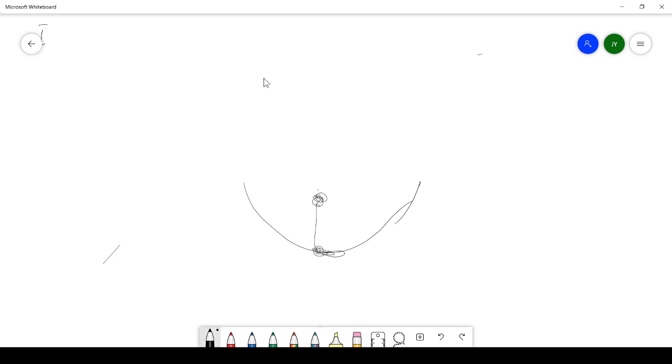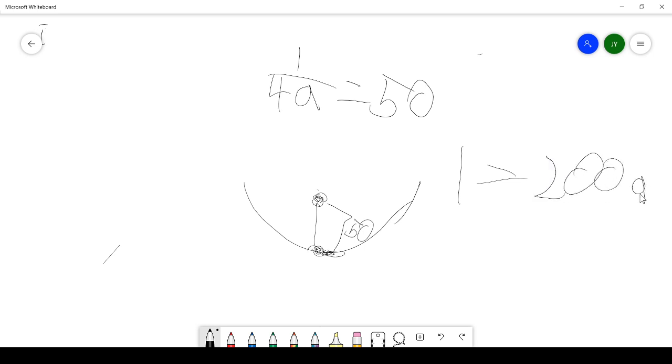So to do this, well, you know that the gap here is a whole 50, right? Then this means that 1 over 4a equals 50. Multiply this out, 1 equals 200a. So a equals 1 over 200.